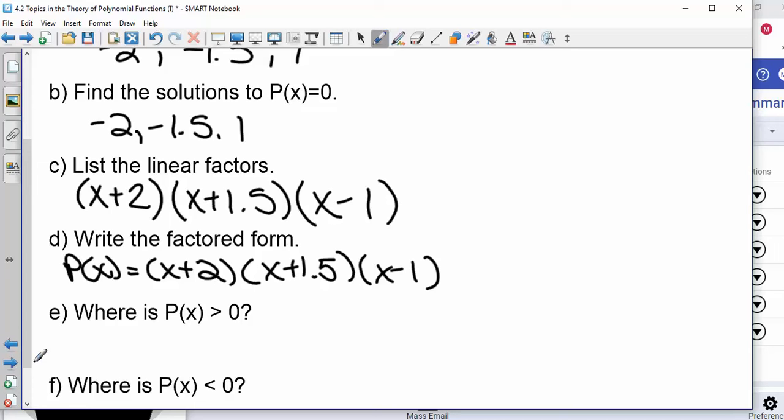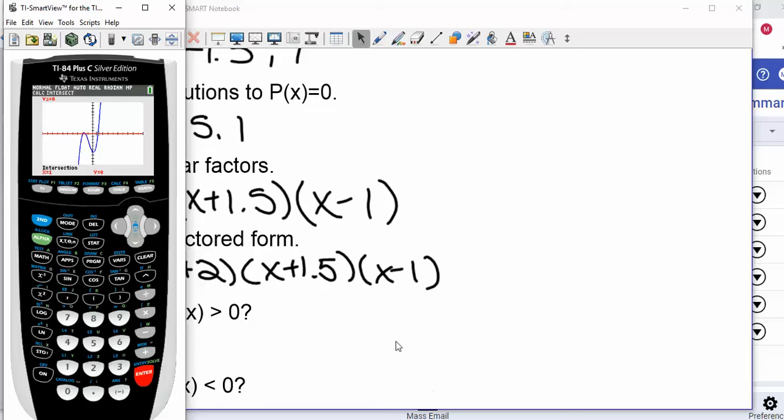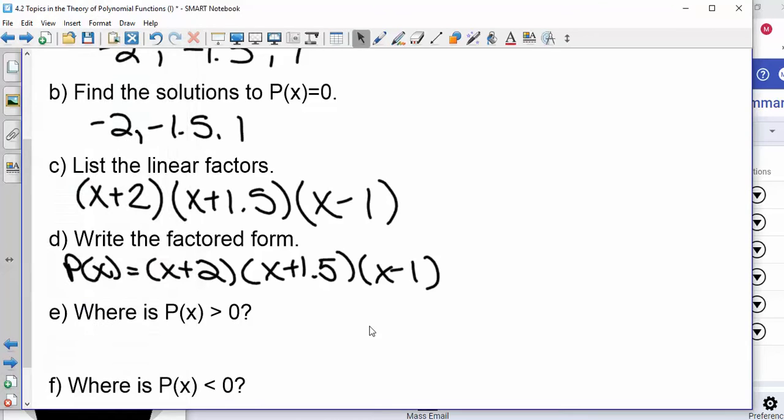I want to know when p of x is greater than 0. So if I look, where is this graph above the x-axis? Negative 2.5 to, no, just kidding, negative 2 to negative 1.5.